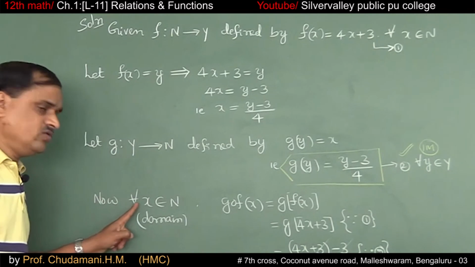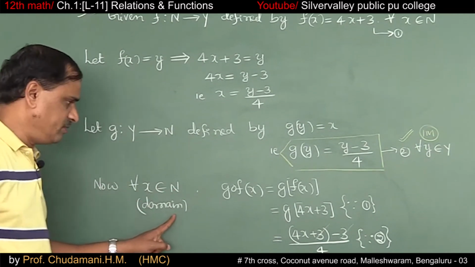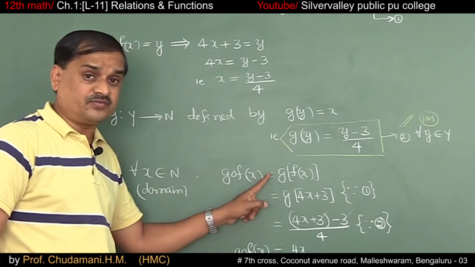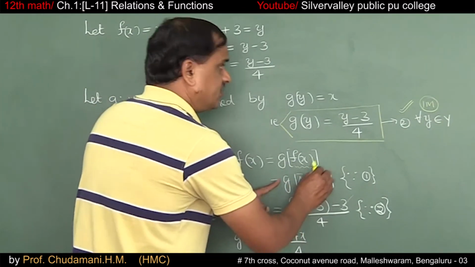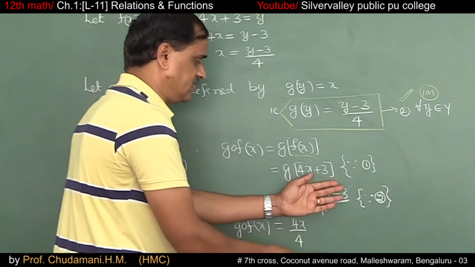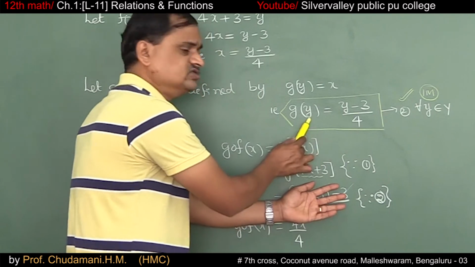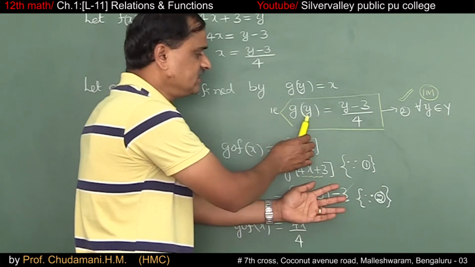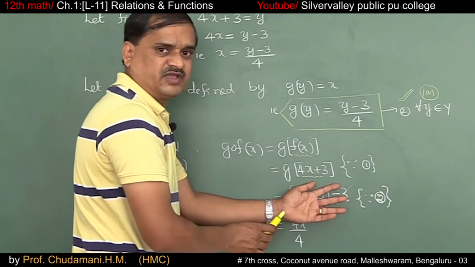Now for all x belongs to N, that is domain, G of F of x is equal to G of F of x. What is F of x actually? By using equation 1, 4x plus 3. Now observe, this is just like G of y. G of y means y minus 3 by 4. Similarly, G of t means t minus 3 divided by 4.